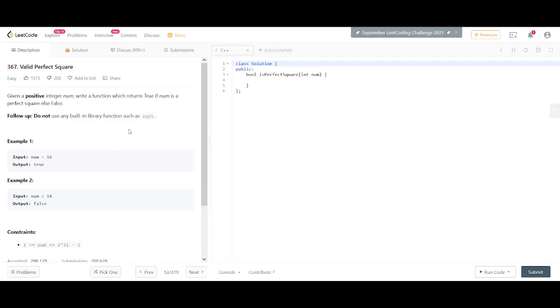If the square root is a perfect integer, like it's an integer, so we're not required to use the sqrt library. So what methods can we think of while solving this particular question?